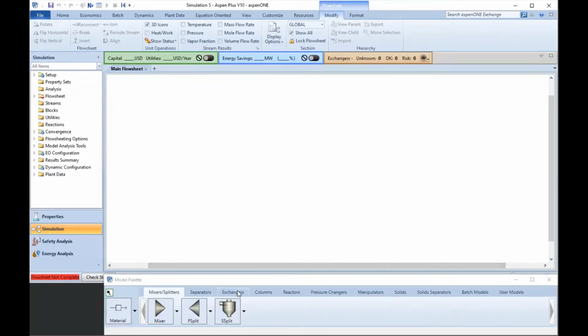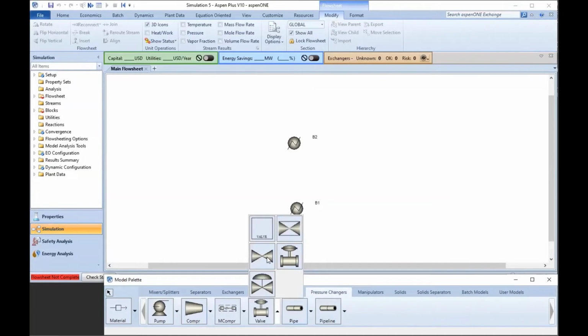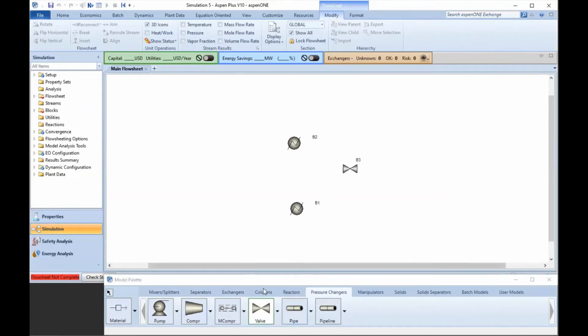So now we'll start building the flowchart, and for the refrigeration cycle, we have 2 heat exchangers, as well as a throttle valve and a compressor.